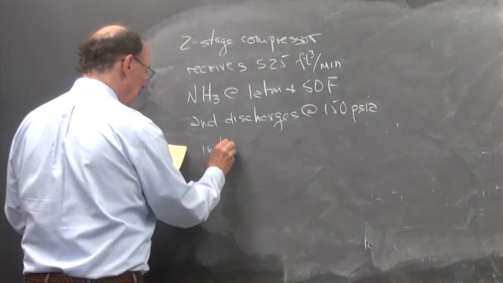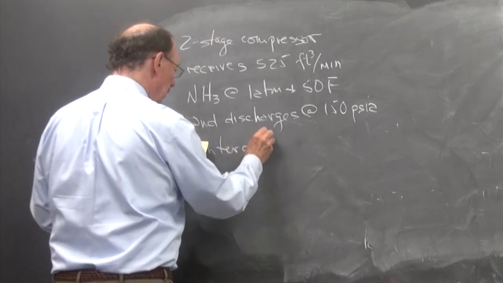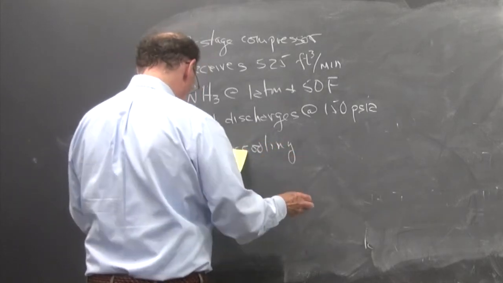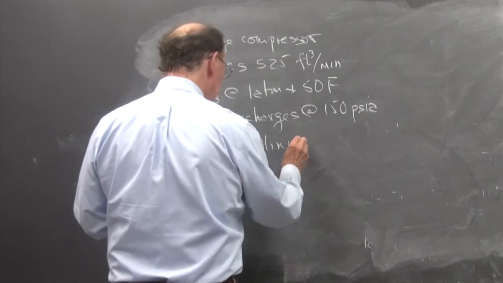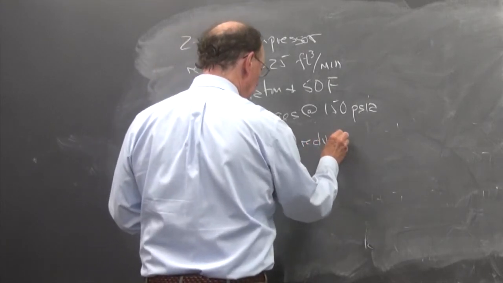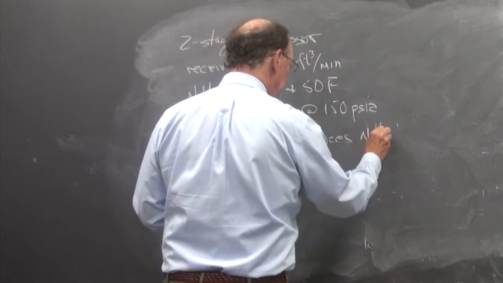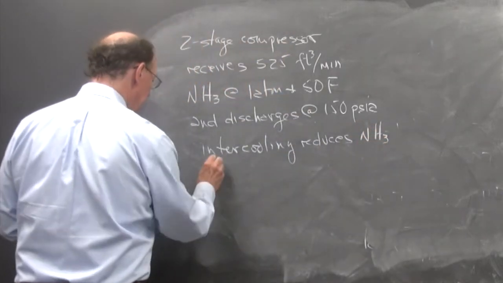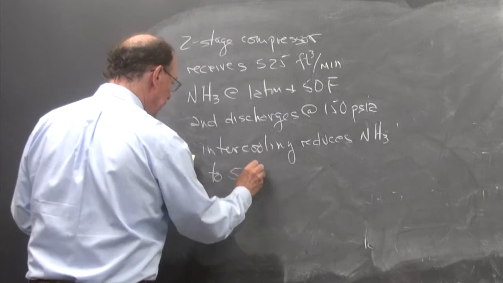Intercooling reduces NH3 to 50 degrees Fahrenheit, so we have an ideal intercooler.